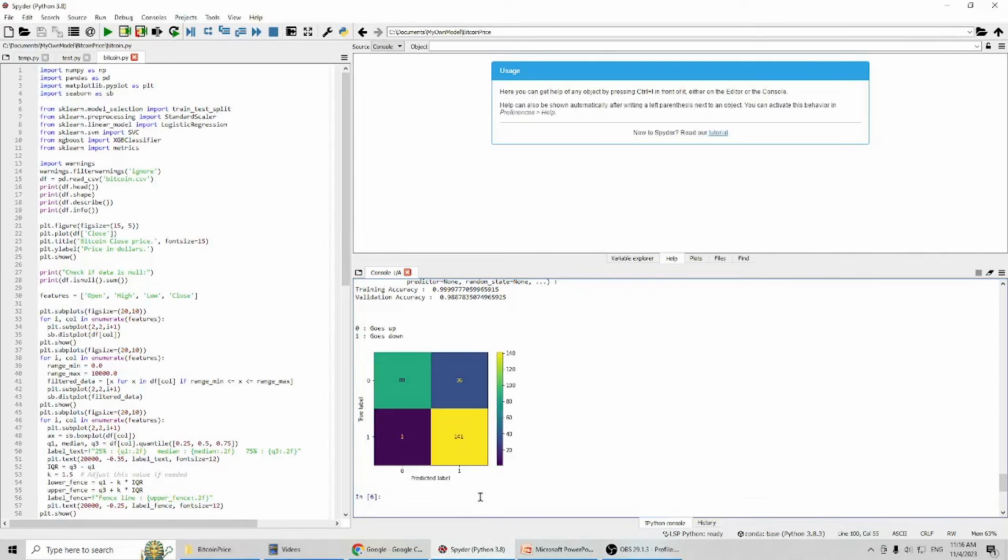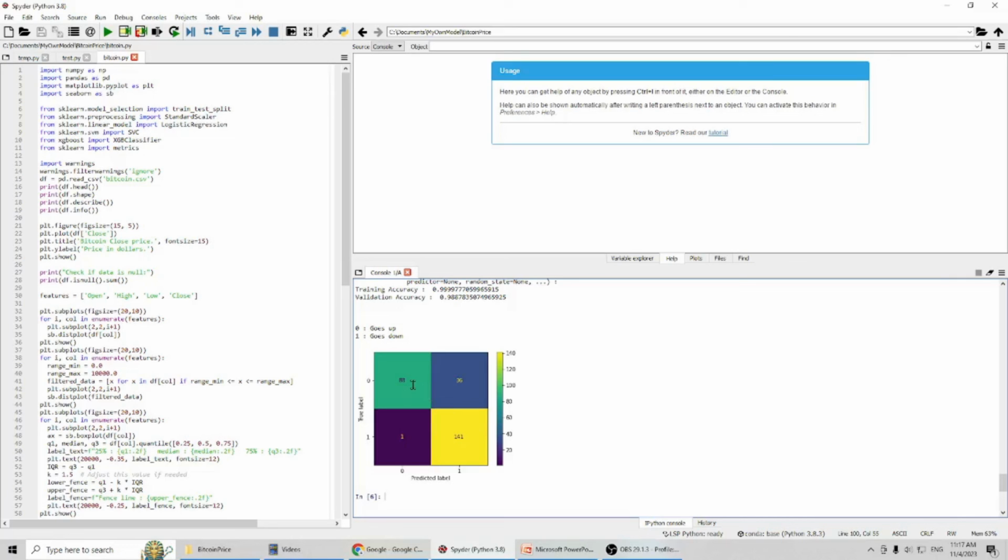Now, let's take a look at our confusion matrix. 0 means price goes up. 1 means price goes down. So, you can see this is correct prediction when price goes up, and this is the correct prediction for price goes down.